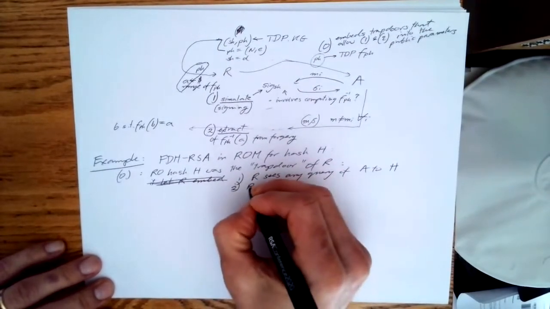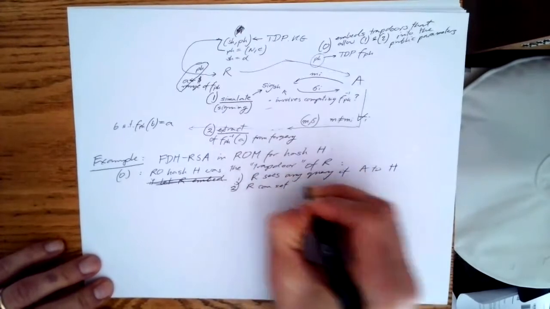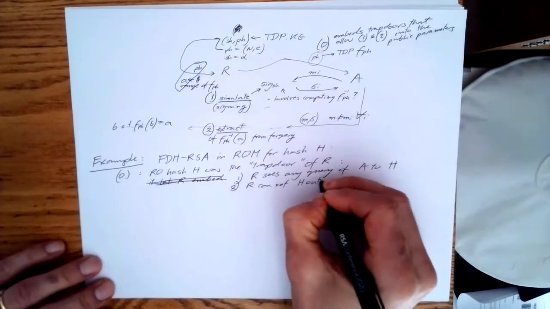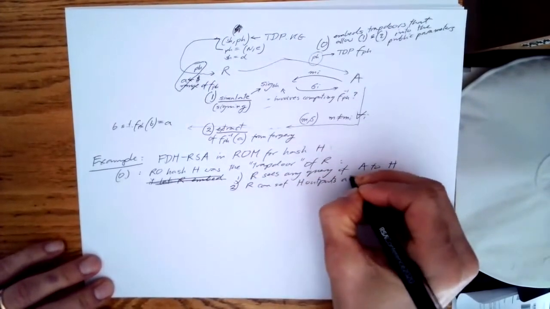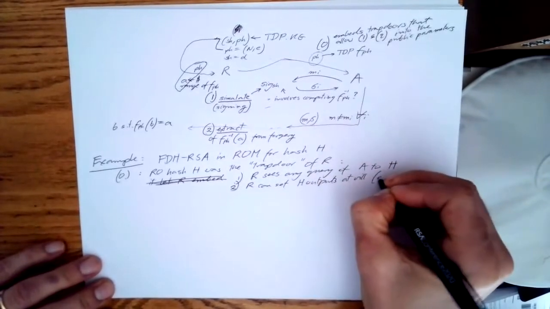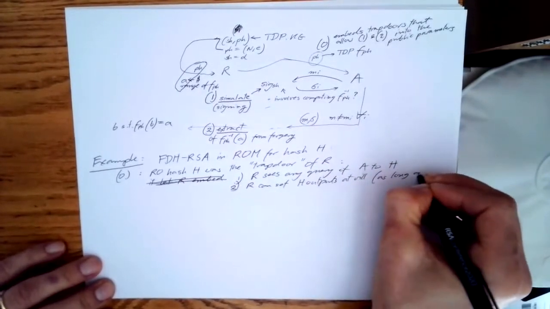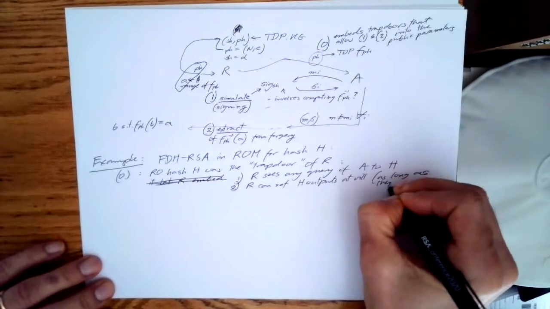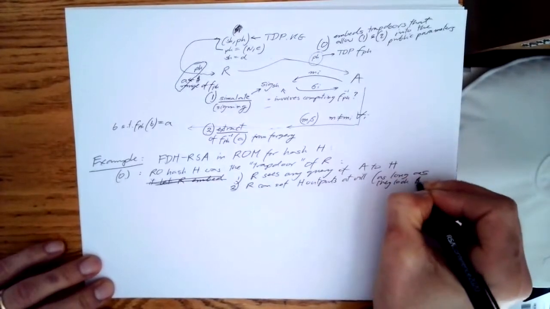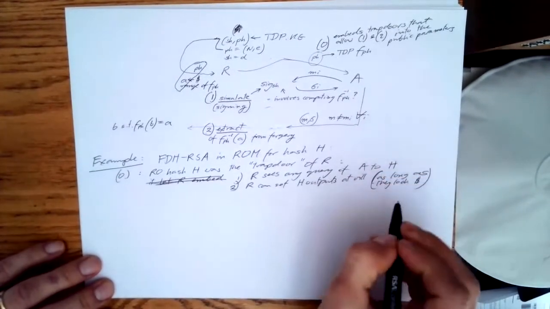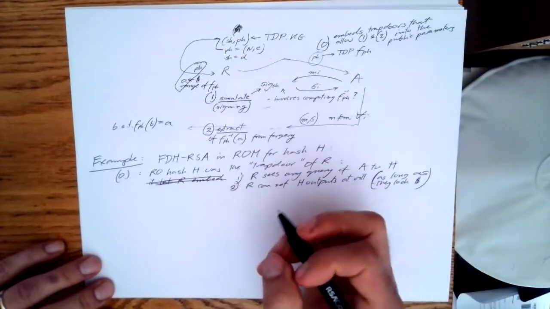And two, R can set H outputs at will, as long as they look random. They might be generated so they look random, but they have some trapdoors in them.